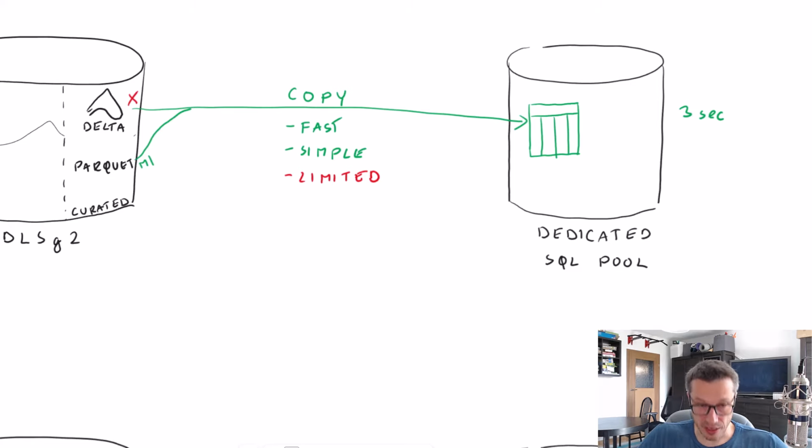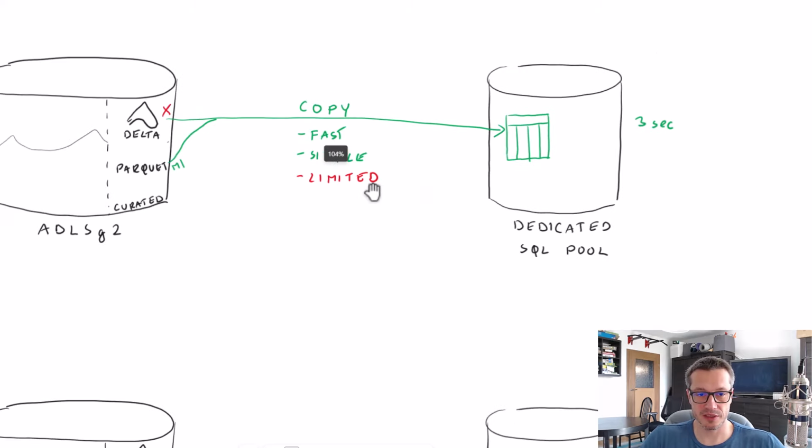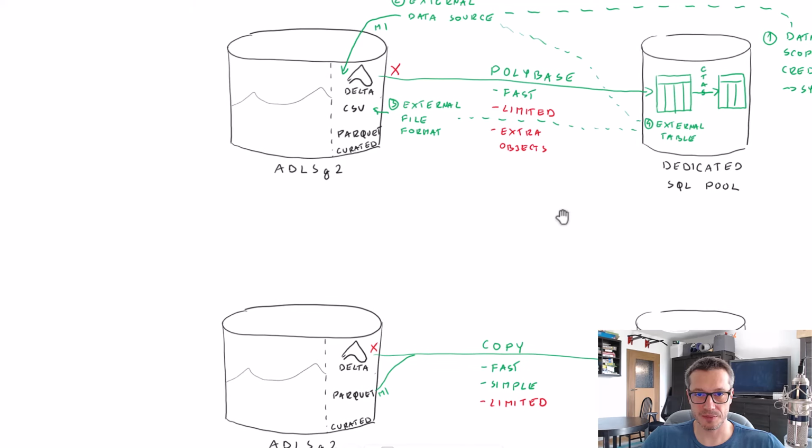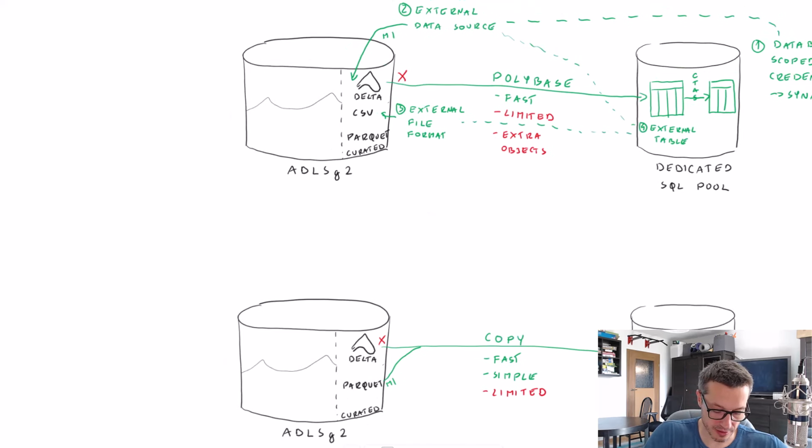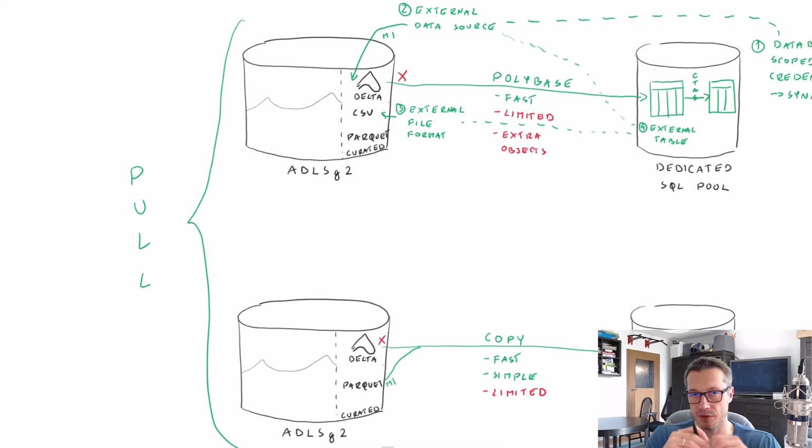All right, and those 2 methods that we've just covered, PolyBase and copy, they were examples of this pull approach, where we are inside our SQL pool and we run queries inside it to pull the data from some external source.